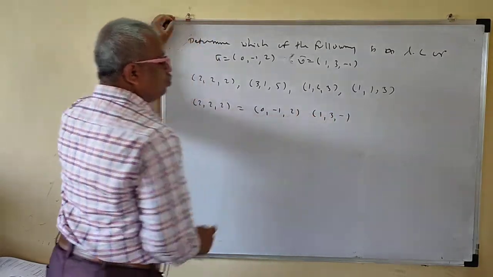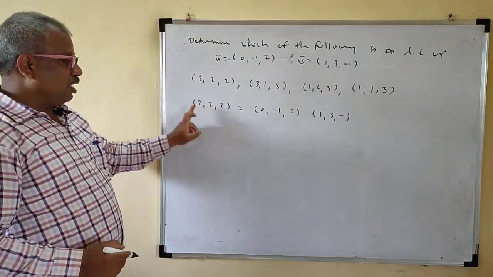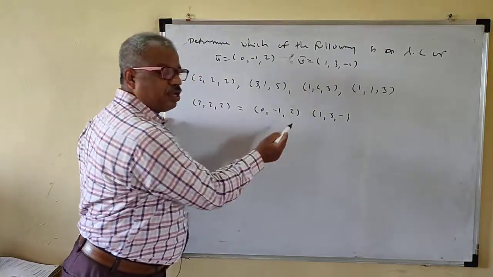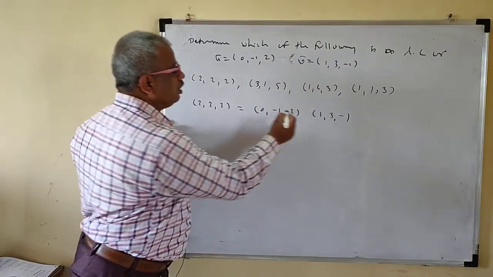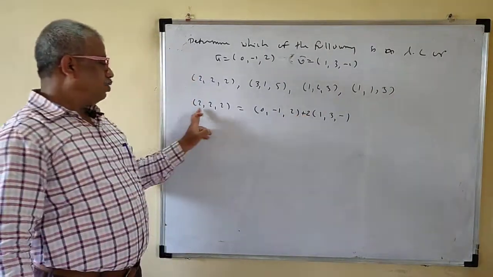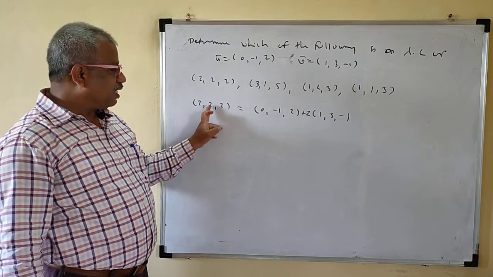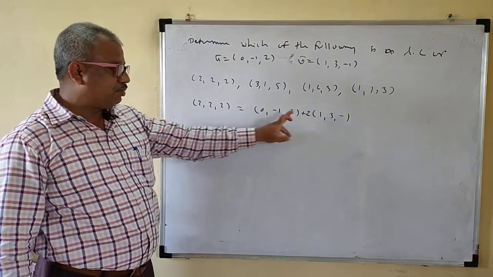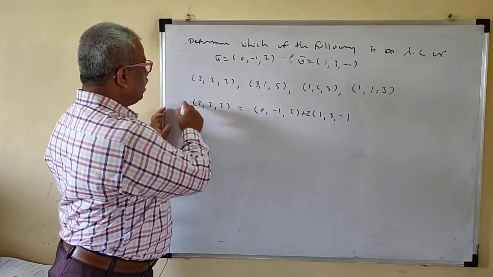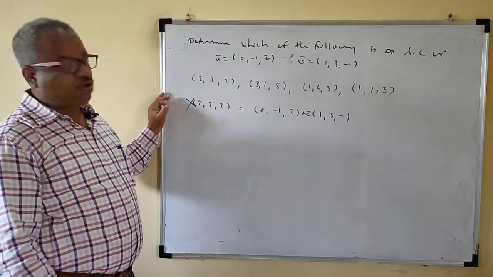Okay, here you have to choose the sign. You have to multiply by 2 here and add this. This is the only option to get the 2 here. But then you don't get the second component right. That means (2, 2, 2) is not a linear combination of this one.